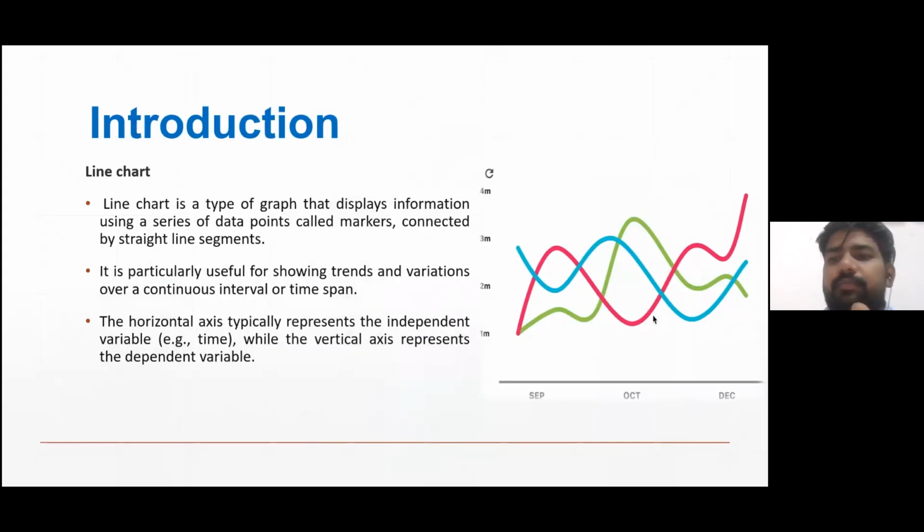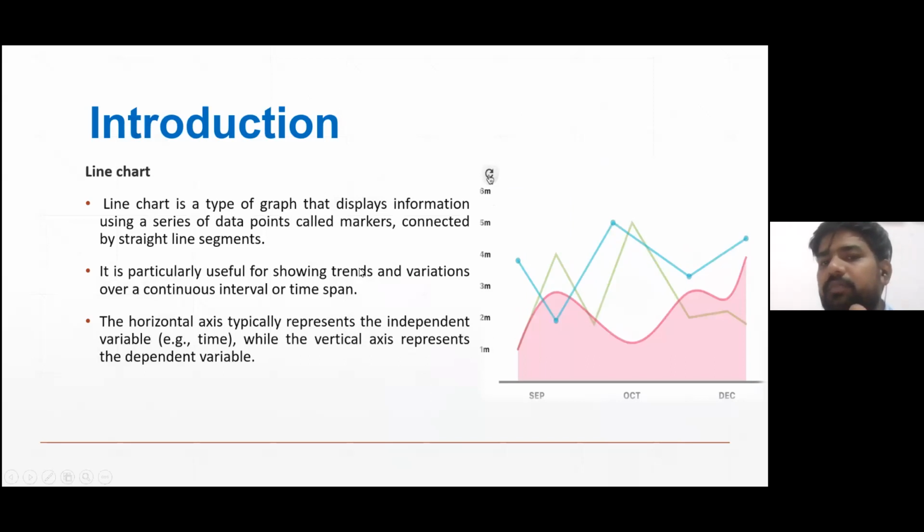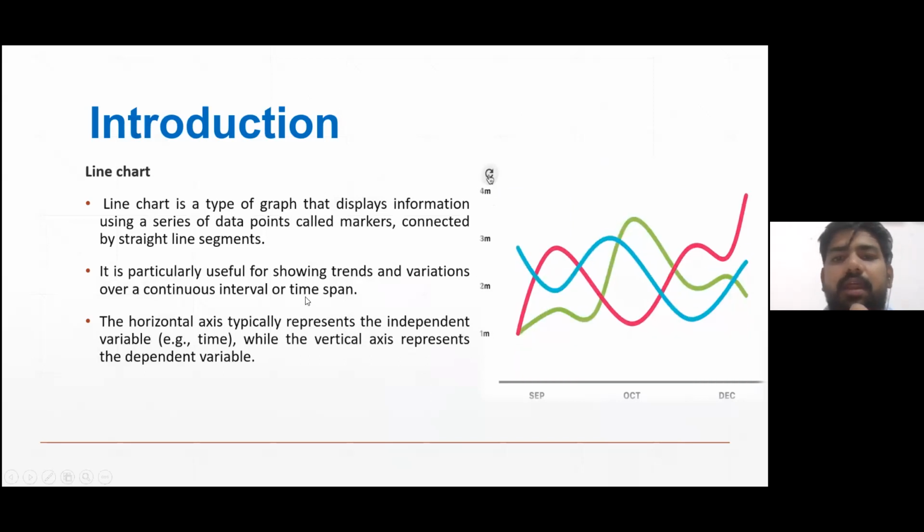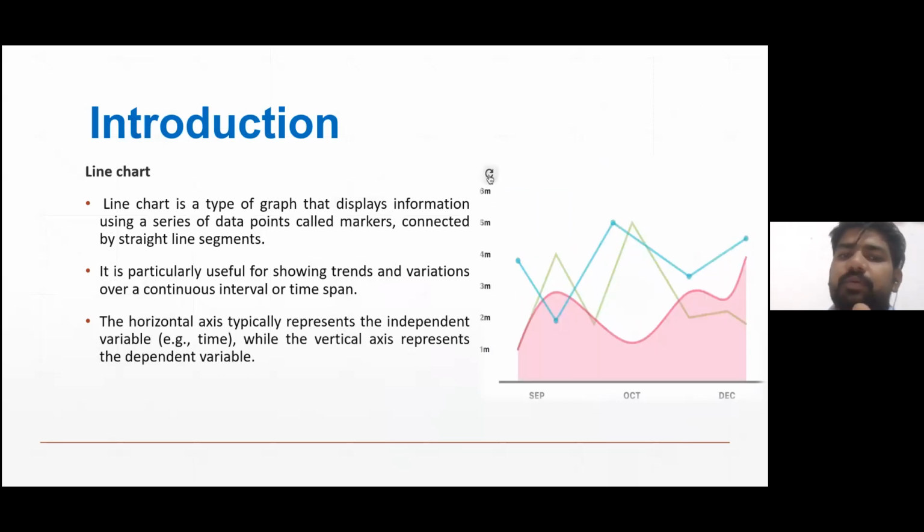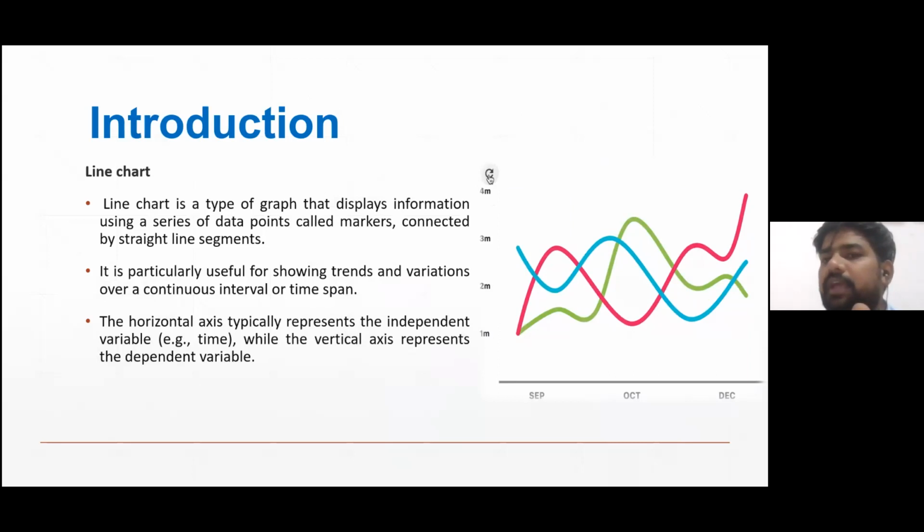Before I go into the presentation, I will talk about what a line chart is. A line chart is a type of graph that displays information using a series of data points called markers, connected by straight line segments. It is particularly useful for showing trends and variations over a continuous interval or time span.